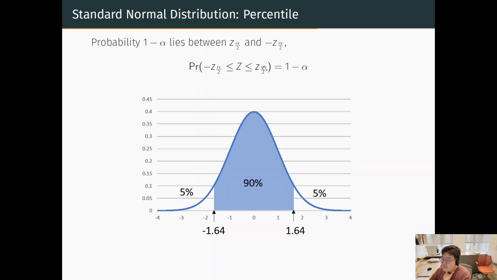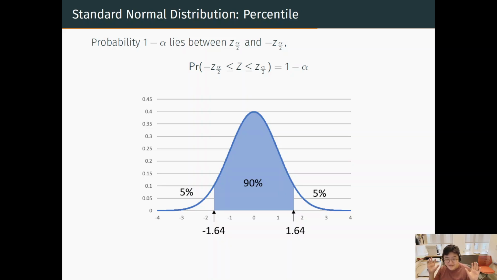So you have to find half of the 10%. So you are looking for z alpha over 2. That is the probability you lose from the top and the probability you lose from the bottom. Okay? So we usually think about plus minus z alpha over 2 containing 1 minus alpha.